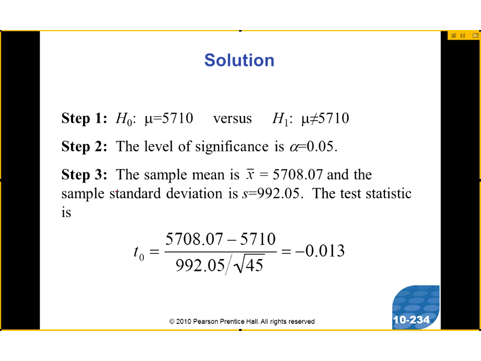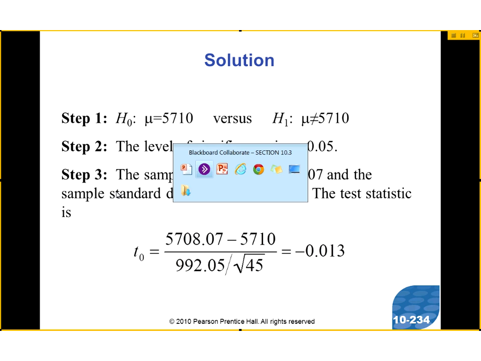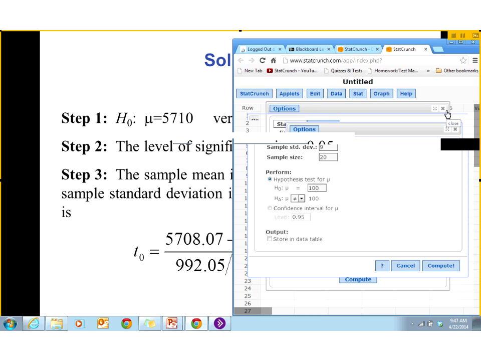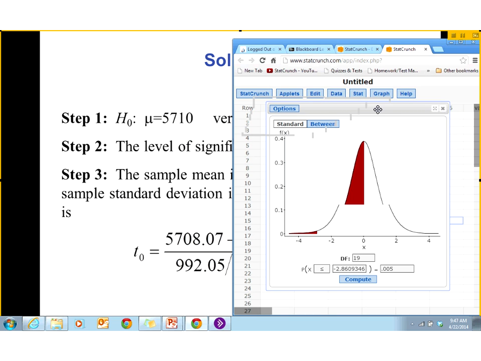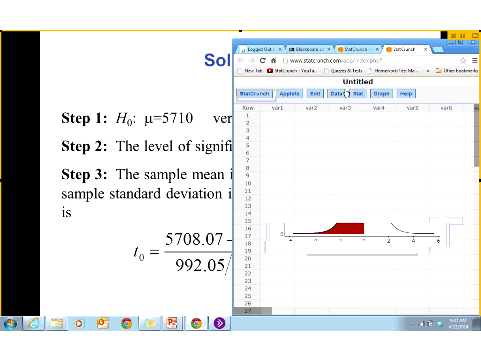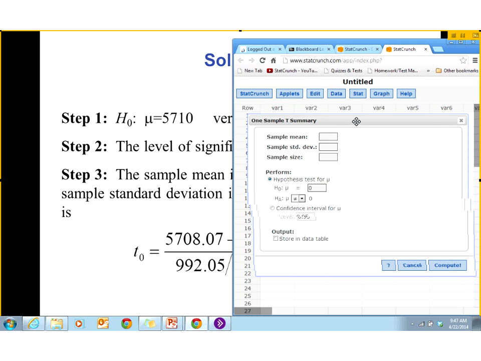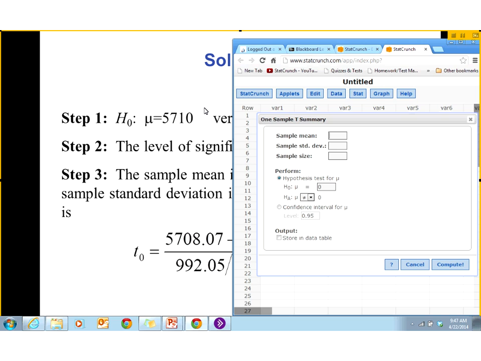Now this is how they calculate the t statistic, and they got negative 0.013. But I'm going to show you a different way to calculate your t statistic. So let me close this stuff up. This is how I would prefer you to do it. Okay. Stat, t-statistic, one sample with summary, just like we did for confidence intervals. All right.